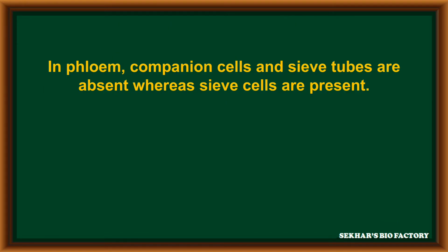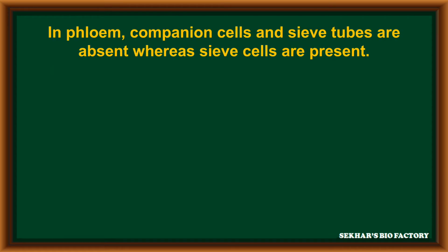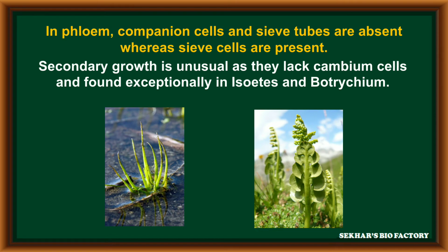In phloem, companion cells and sieve tubes are generally absent, whereas only sieve cells are present. Secondary growth is unusual as they lack cambium cells, and is found exceptionally in Isoetes and Botrychium.